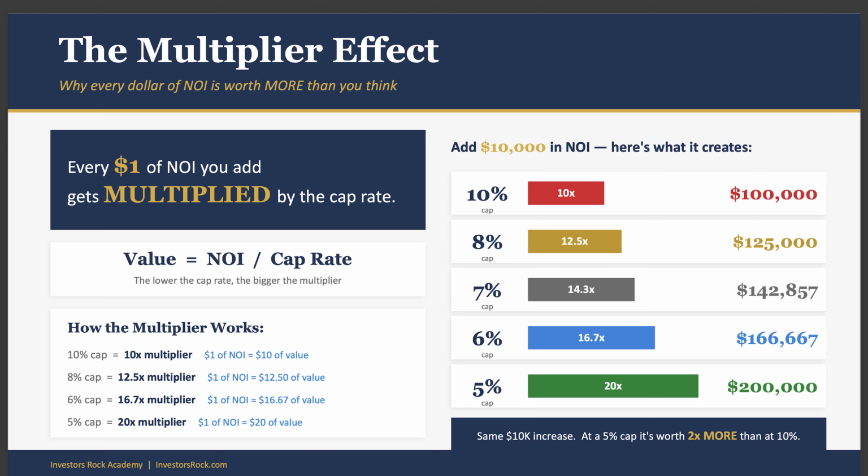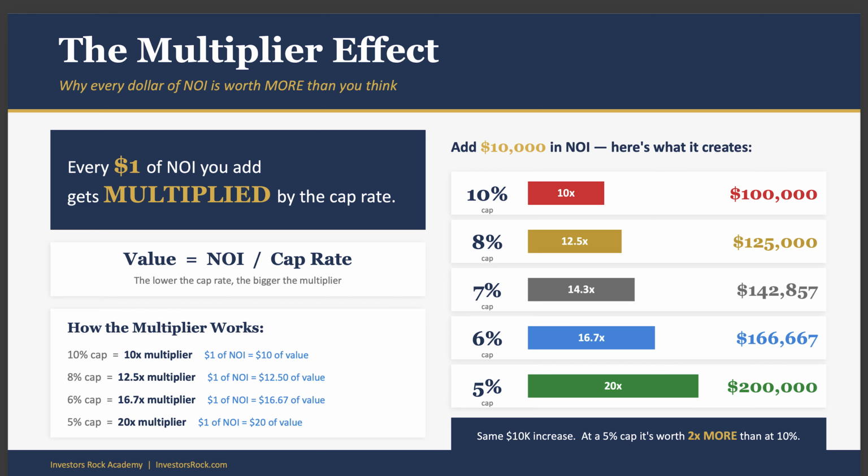And then this is a very, very important note that everybody needs to just ingrain in their brain for commercial real estate. For every dollar in net operating income that you add, that gets multiplied by the cap rate. What does that mean? That when you have a 10% cap rate building and you add $10,000 in net operating income to it, just at 10%, that adds $100,000 in value.